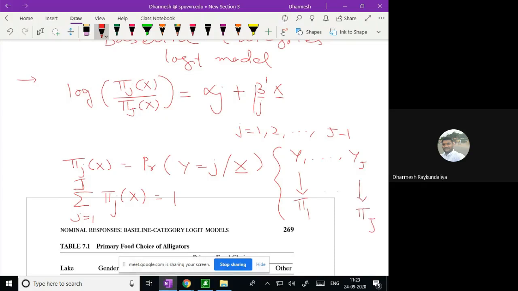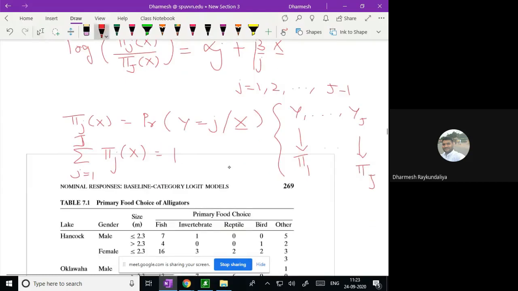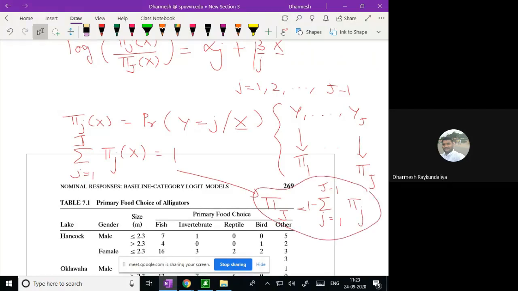So here you can see how you will calculate pi j. You can calculate pi 1, pi 2, up to pi J minus 1. You cannot directly calculate the capital pi J. So capital pi J is calculated as 1 minus the sum from j equals 1 to J minus 1 of pi j. Because how many logit equations do you have? J minus 1. So you can easily calculate the pi 1, pi 2, up to pi J minus 1 probabilities.